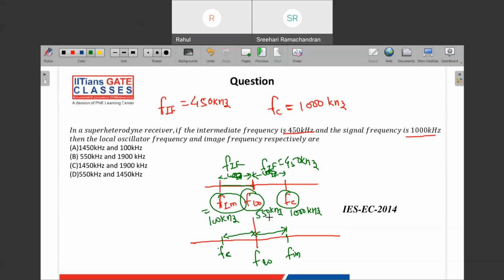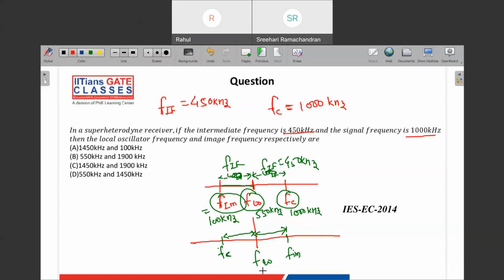So the local oscillator frequency is 550 kilohertz and the image frequency is 100 kilohertz. Do you see any option correct? No, it's not there.